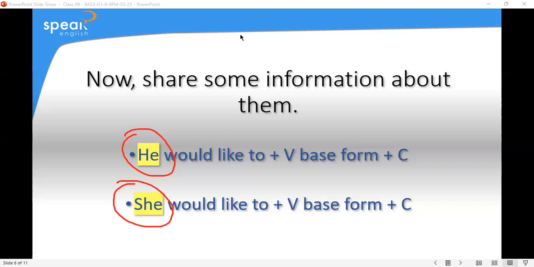She would like to drink coffee. Awesome. And the last one, María Navarrete? She would like to swimming in the afternoon. Okay, very good. Excellent. Now that we're finished with this, let's continue.